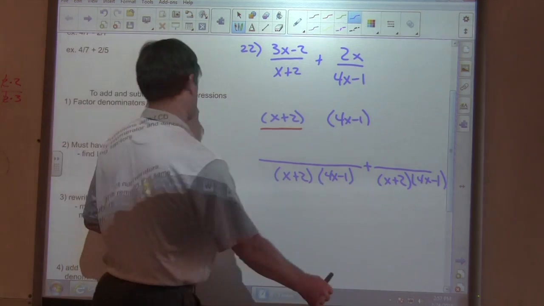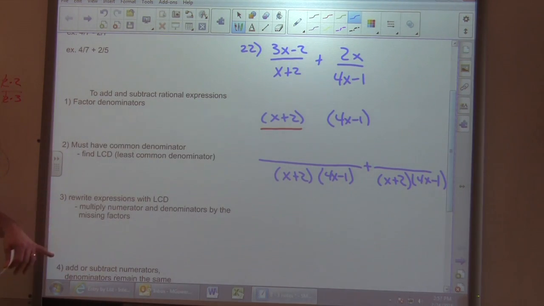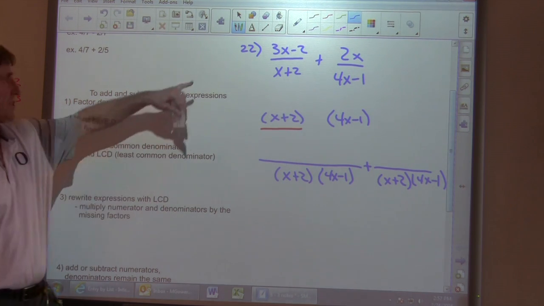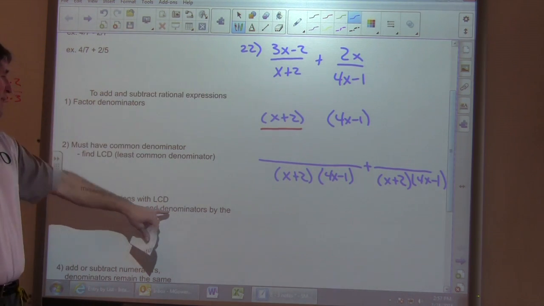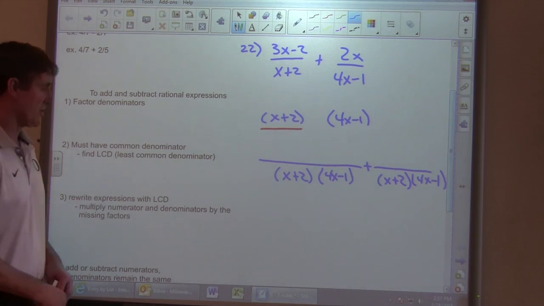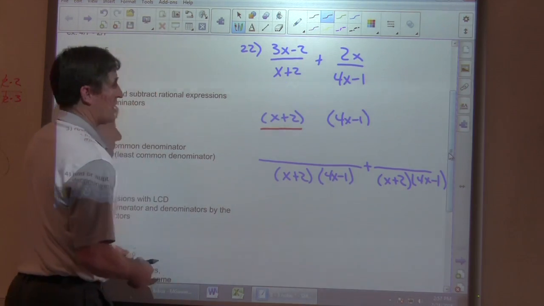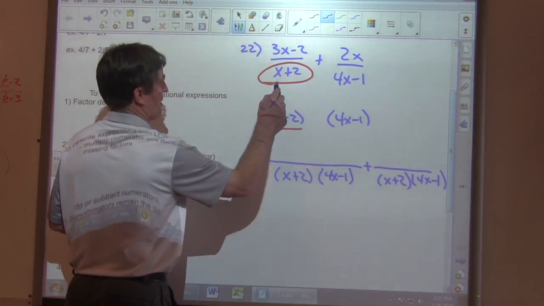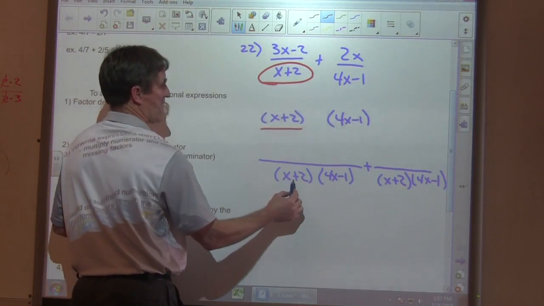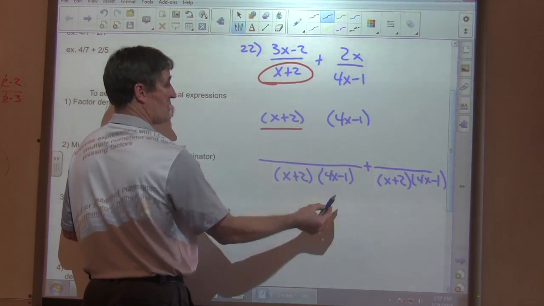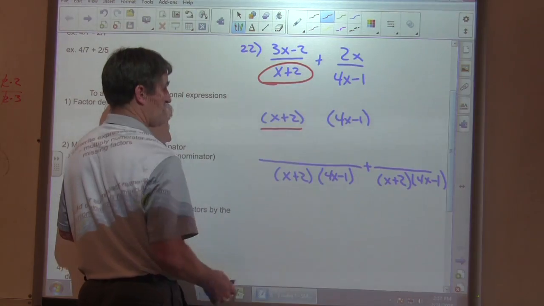Step 3 says that we're going to rewrite the expression with the least common denominator. So we have to multiply the numerator, which is the top term, and the denominators by the missing factors. So to do that, we look at this and say, well, we have an x plus 2, but we need an x plus 2 and a 4x minus 1, so the factor I'm missing is 4x minus 1.